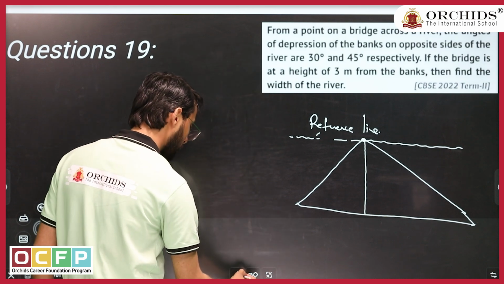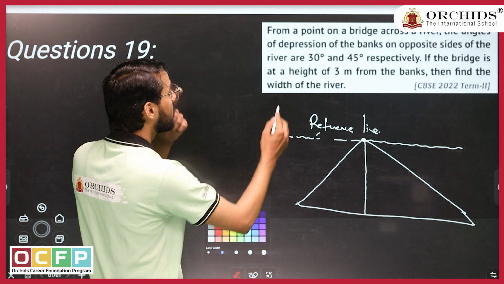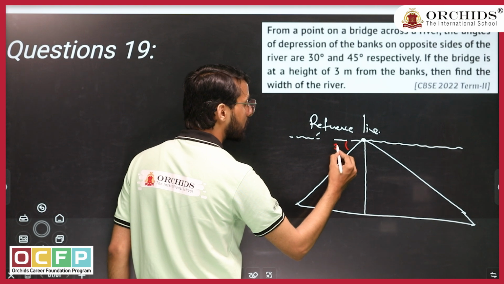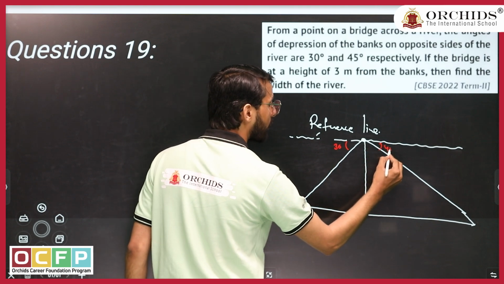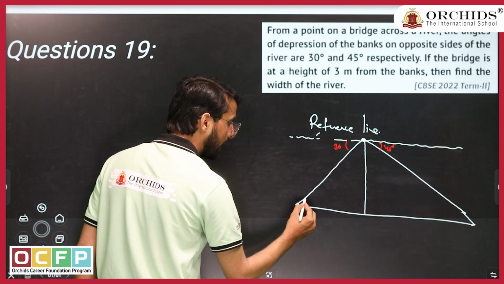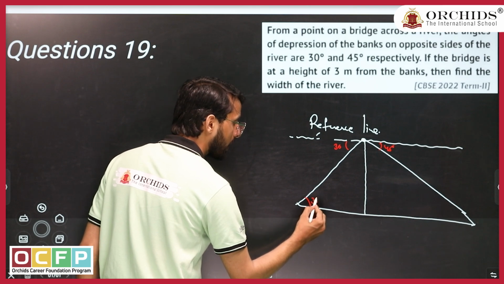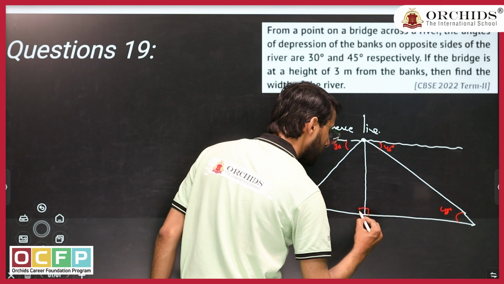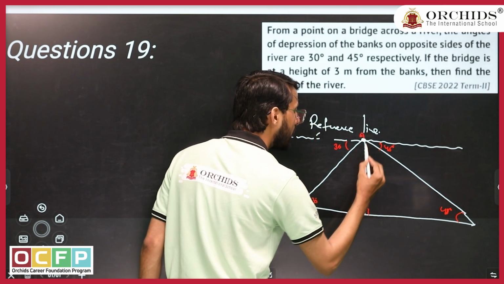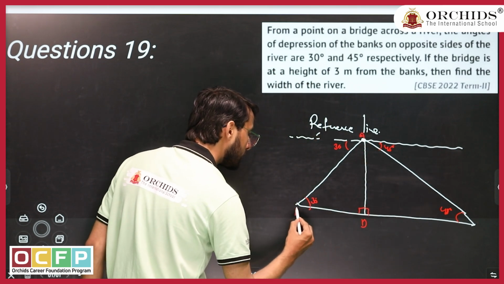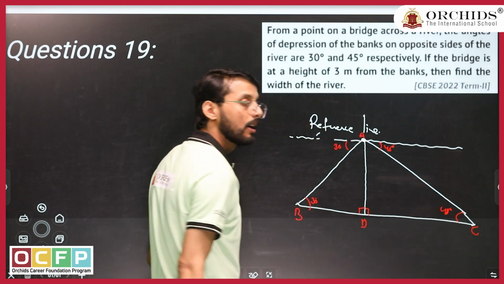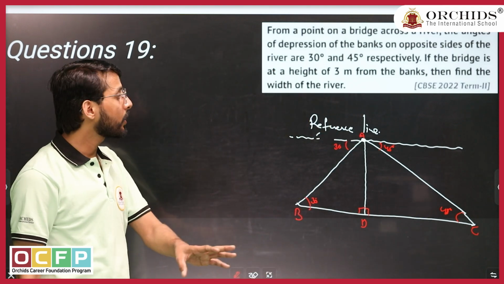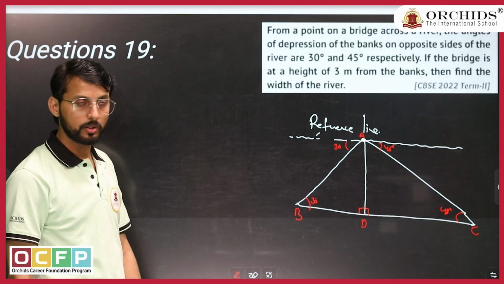Now we can see one of the depression angles is 30 degree, another is 45 degree. So by AIA property, alternate interior angles, I converted depression into elevation. Now suppose this point is A, this is D, this is B, this is C. Naming of the vertices is very important because you have to solve the question on the basis of that.